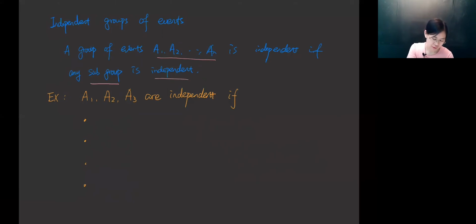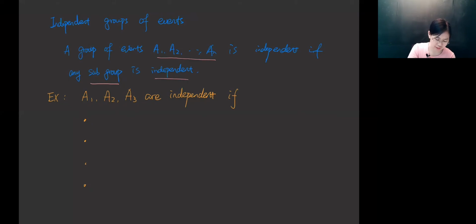To give you a concrete idea of what that means, let's consider an example where n equals 3. As we are considering a group of 3 events, A1, A2, and A3, this group of events are independent if the following 4 conditions hold.